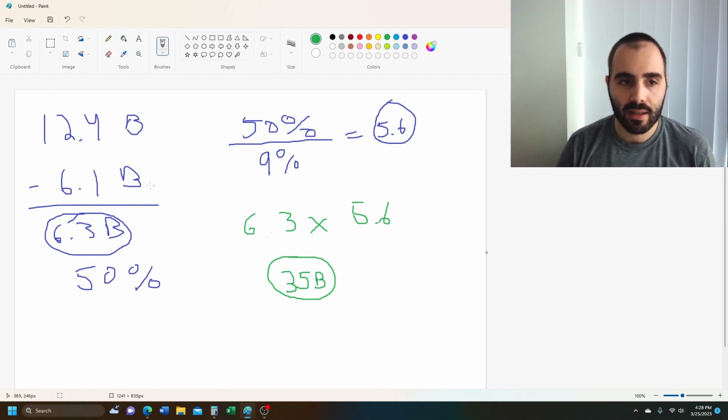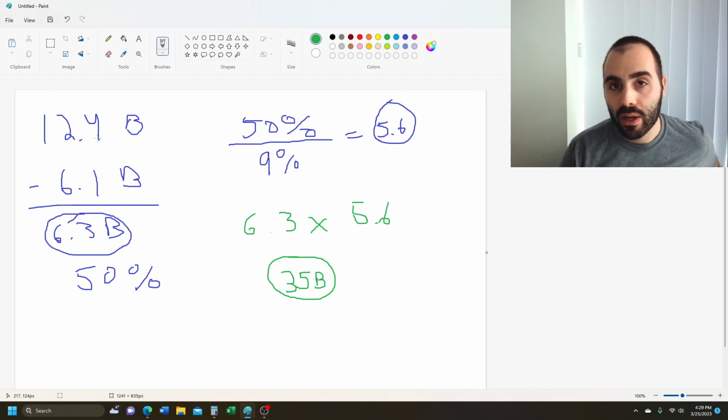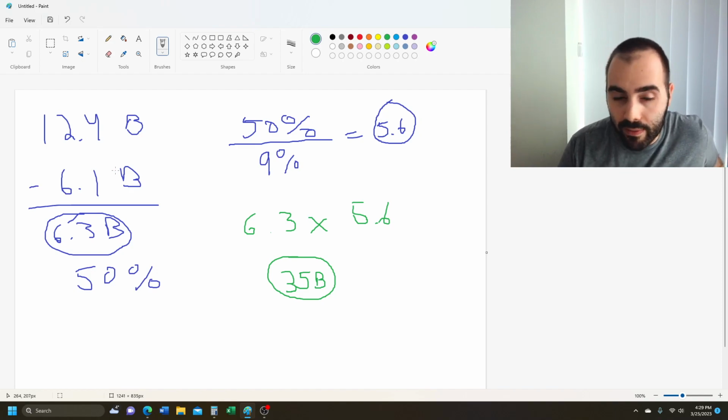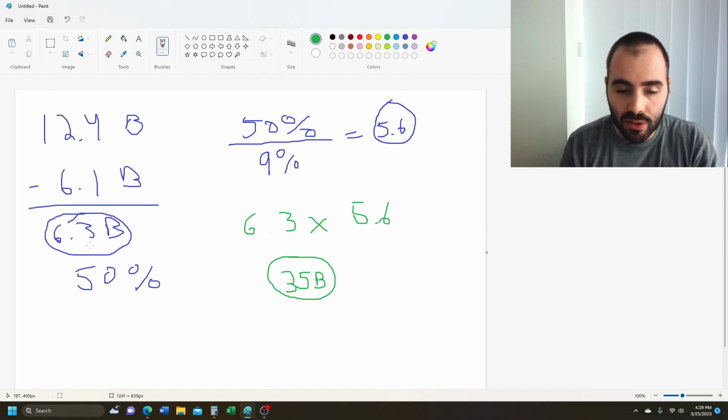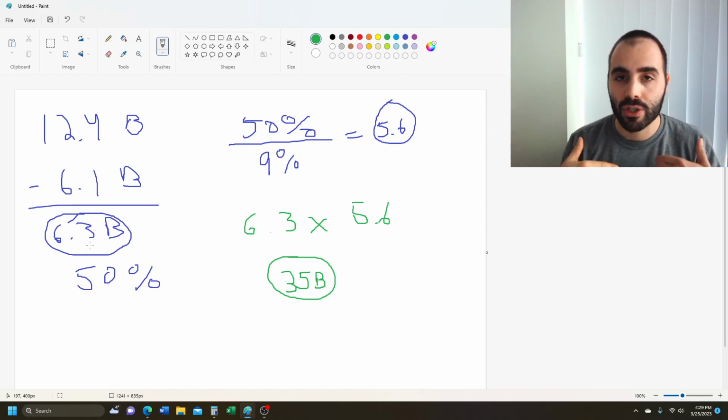So let's go through it one more time. Every year, Home Depot, on average over the last 5 years, makes $12.4 billion in free cash flow. They pay out $6.1 billion in dividends per year, meaning they retain $6.3 billion and reinvest it back into their business. On that money they reinvest, year after year, they earn on average 50%.